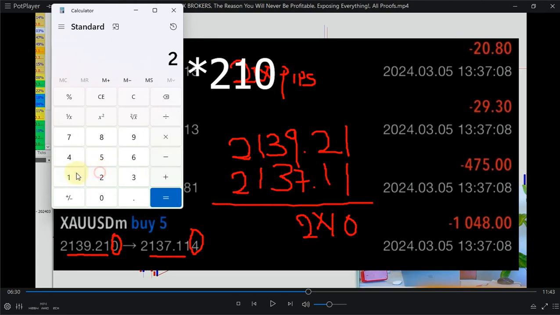So 210 pips multiplied by 5, and that is what? 1050. And what do you see here? 1048, which is approximately 1050. So for this trade to move from a high number to a low number, it means it's heading in the negative direction. That is why this is a loss. So I've just used these numbers to calculate how many pips that was lost on this 5 standard lot.